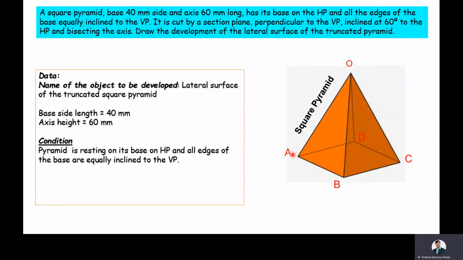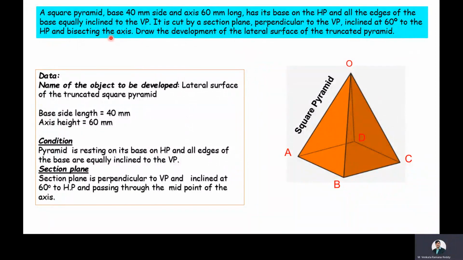That is, the base sides say AB, BC, CD and DA are going to make an angle of 45 degrees to the vertical plane. Then the section plane is perpendicular to the VP and inclined at 60 degrees to the HP and bisecting the axis. Here, our objective is to develop the lateral surface of the truncated square pyramid.